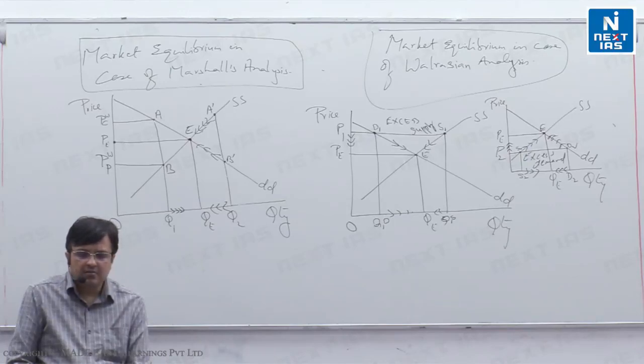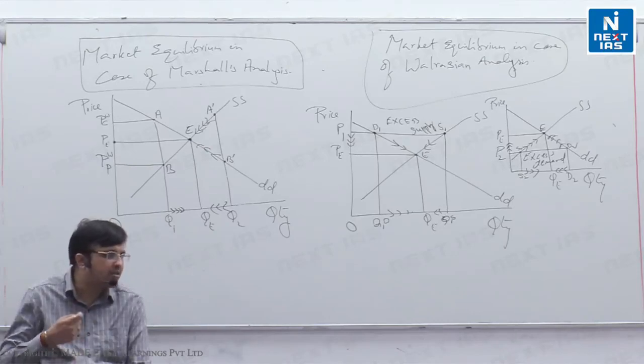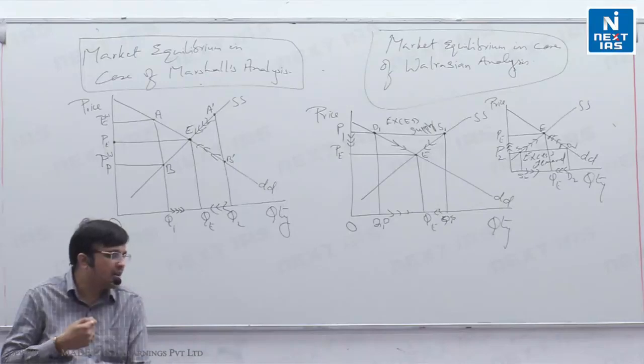supply contracts, and please use this language because that is economics language. You don't say supply falls when price falls, you say supply contracts when price falls and demand expands when price falls. Be careful about this language, your examiners like it when you use it, because they know that you are technically correct.